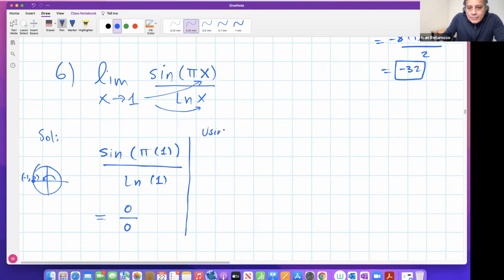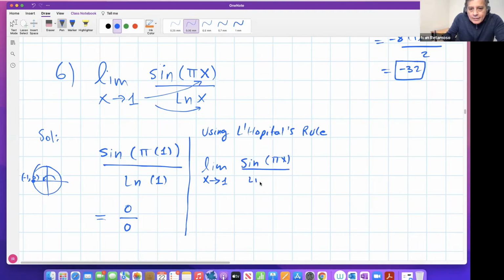Using L'Hopital's rule, we can say that the limit of this guy as x approaches 1 should be equal to the limit as x approaches 1 of the derivative of this guy in the top here, over the derivative of this guy in the bottom here, right?